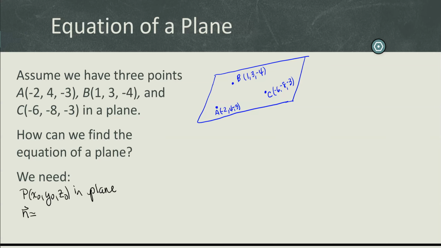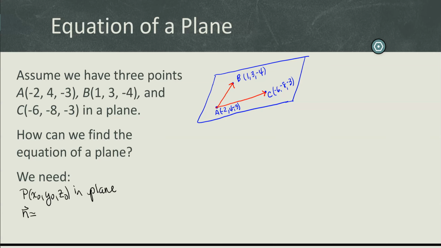Now, I need a normal vector. So what would happen if I took and created vector AB and vector AC? I would now have 2 vectors that lie in the plane. And with 2 vectors that lie in the plane, I can create a normal vector using the cross product. We know that the cross product of 2 vectors is orthogonal to both vectors.